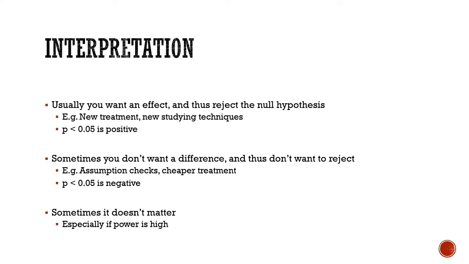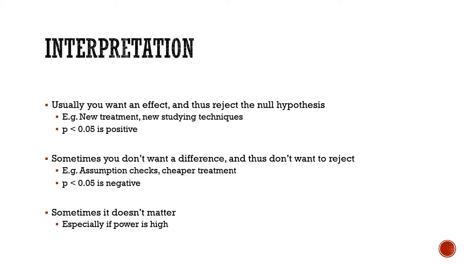Usually it's true. Usually you want an effect. So if you have developed a new medication, you want it to be better than the old one, or you want it to improve the condition of patients. If you have a new studying technique, you want kids to have higher marks when using it, or should study a shorter time.